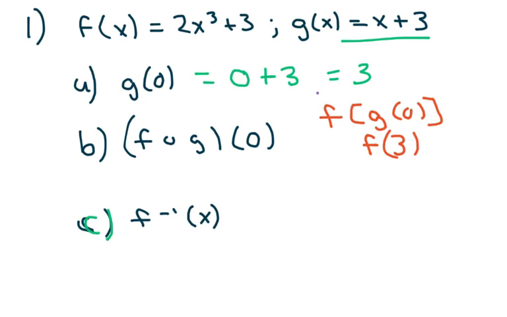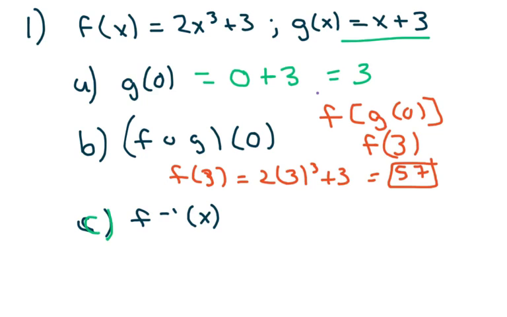So f of 3 equals 2 times 3 cubed plus 3. And don't forget to do PEMDAS, so it's 27 times 2 is 54, plus 3 is 57. So there's our 2 answers so far.